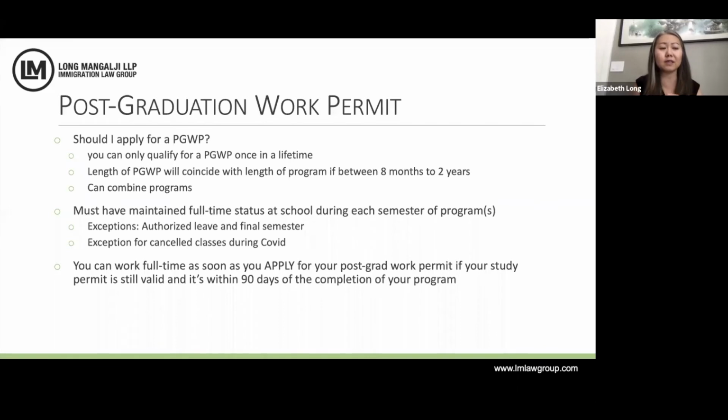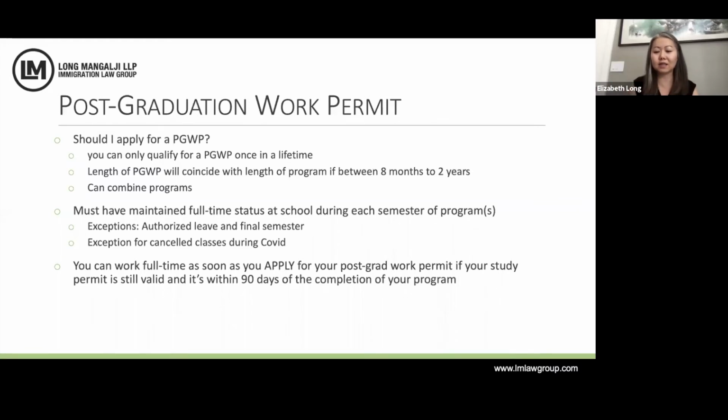Another reason why I say apply within 90 days is because you have to apply while you still have a valid study permit. And even if your study permit expires after 90 days, your study permit status will expire after 90 days because of the first condition that I said. Therefore, you cannot work when you are going to apply for your postgrad work permit and waiting for it, okay?